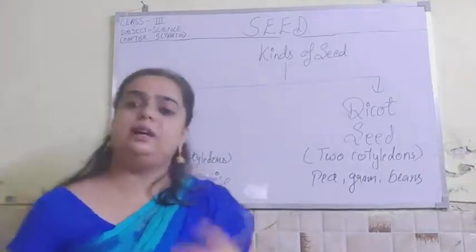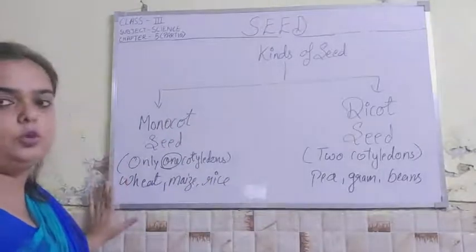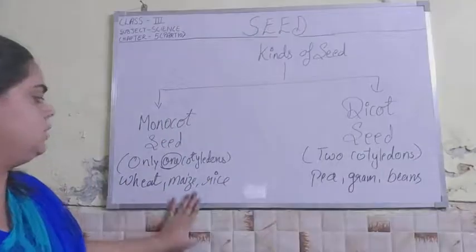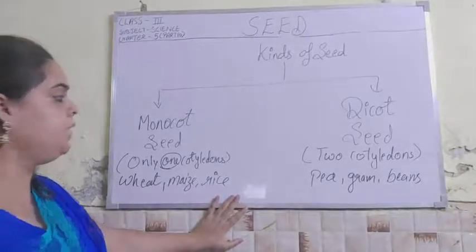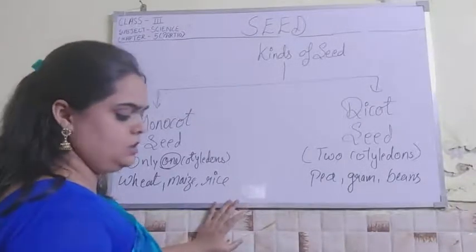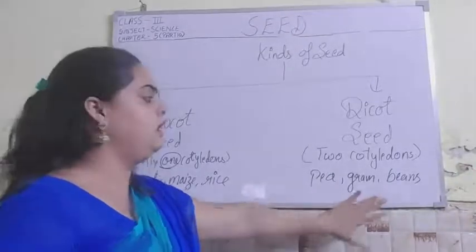The examples of monocot seeds are wheat, maize, rice, and the examples of dicot seeds are pea, gram, and beans.